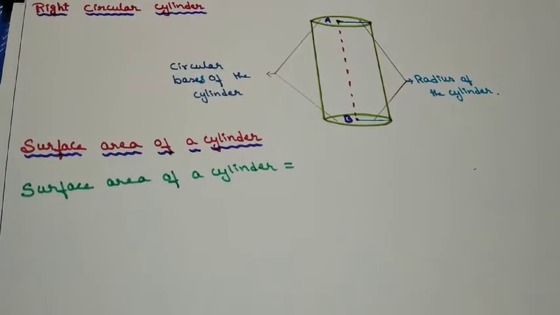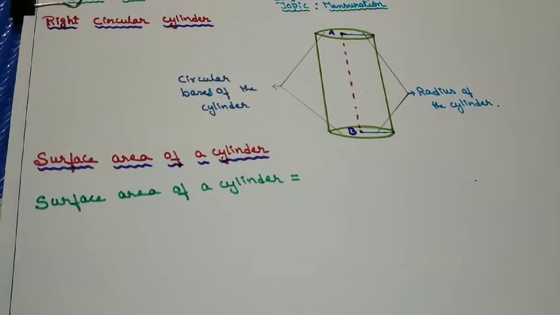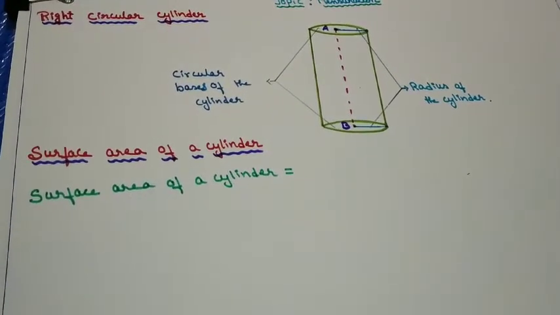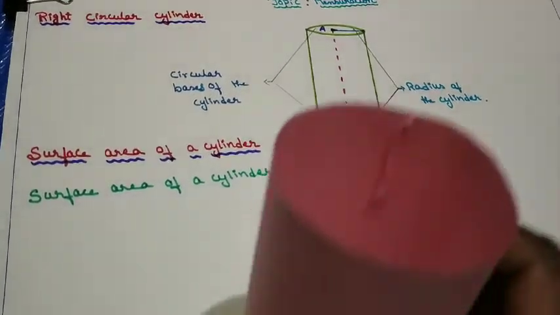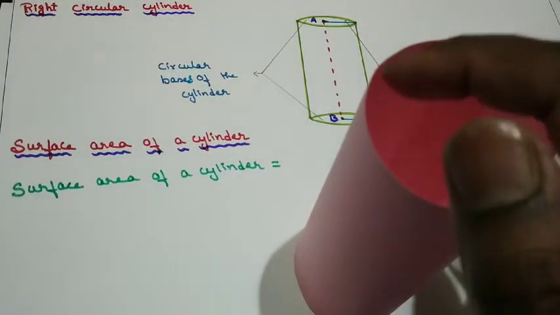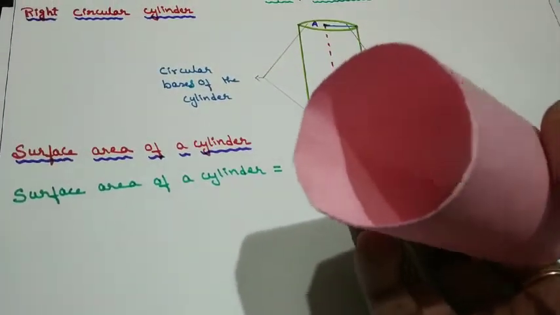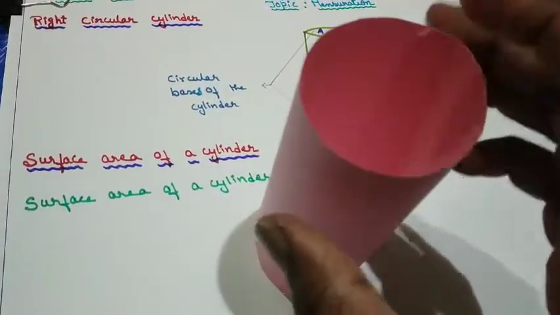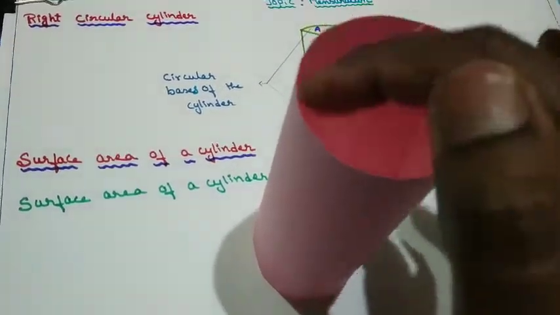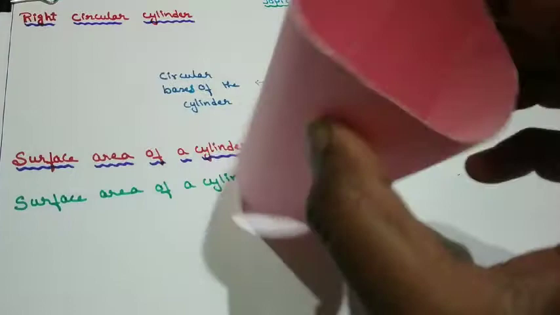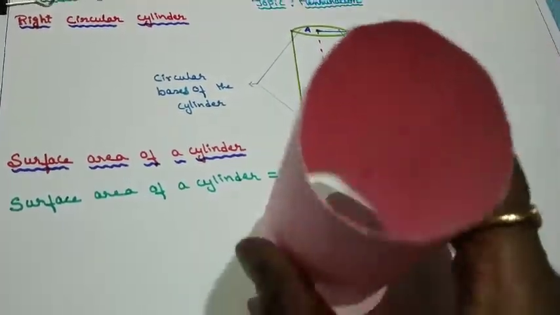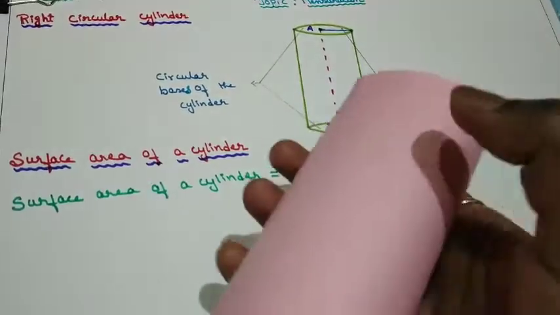Here the surface area of the cylinder is nothing but the CSA of the cylinder. What is CSA? CSA is the absence of the top and the bottom part of the figure. In the hollow cylinder, you can see the area of the circle is not present, the circular faces are absent, therefore it is called the hollow cylinder surface area.